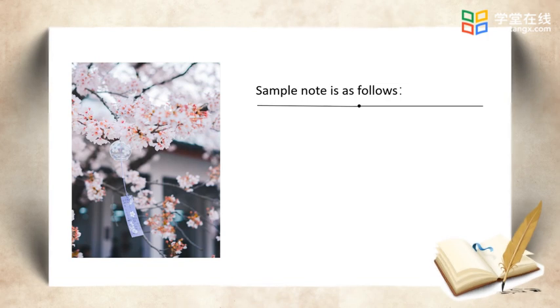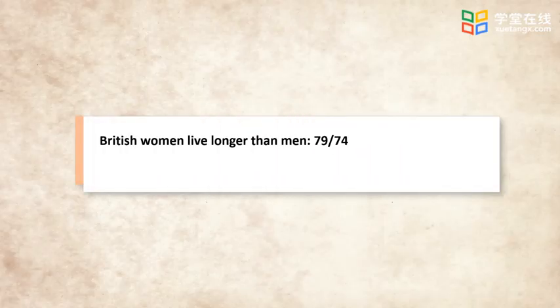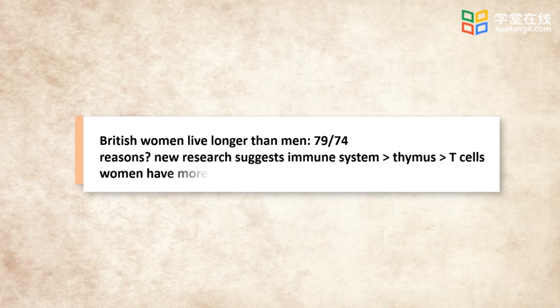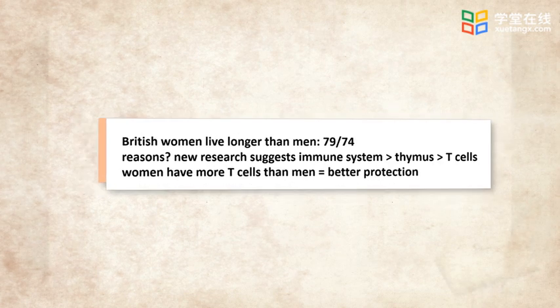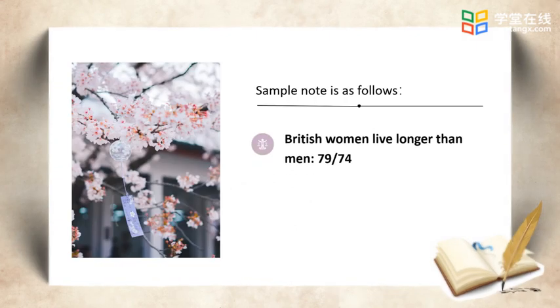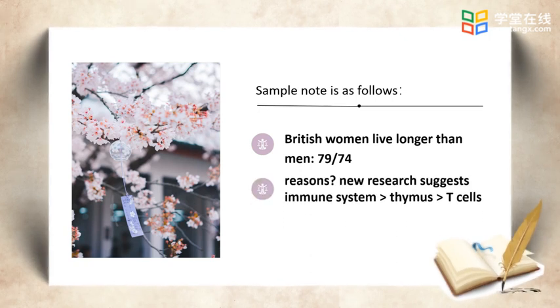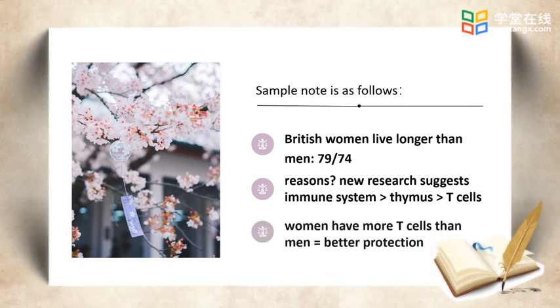Sample note is as follows. British women live longer than men. 79, 74. Reasons. New research suggests immune system. Thymus, T cells. Women have more T cells than men. Better protection.